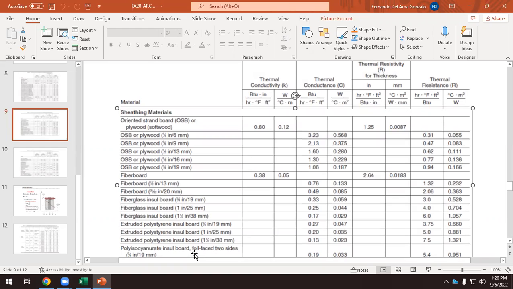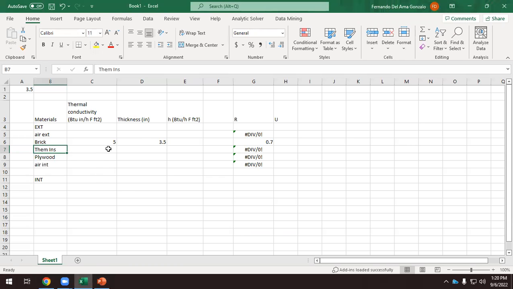So what is the thermal conductivity of extruded polystyrene? It's 0.2. And now we can select here the inches, let's say 10. Don't save money on this.